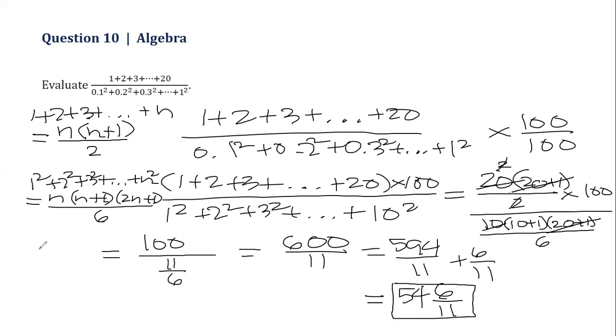Yes? Yes, teacher. Teacher, when 1 squared plus 2 squared plus 3 squared up to 10 squared equals n times n plus 1 over 2, times 2n plus 1 over 6, teacher. This formula.